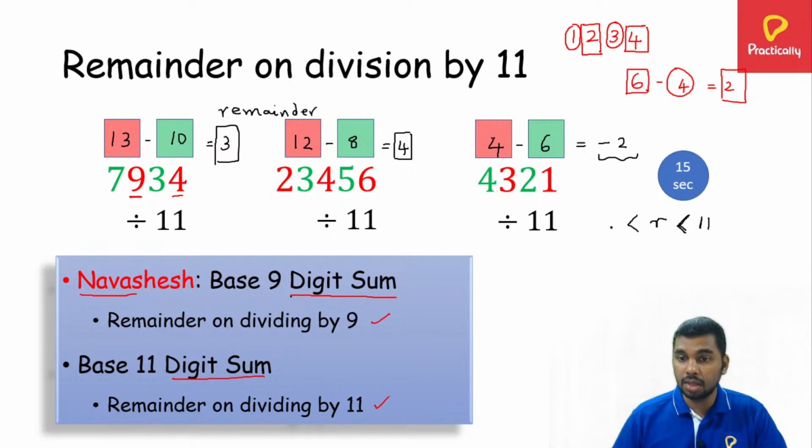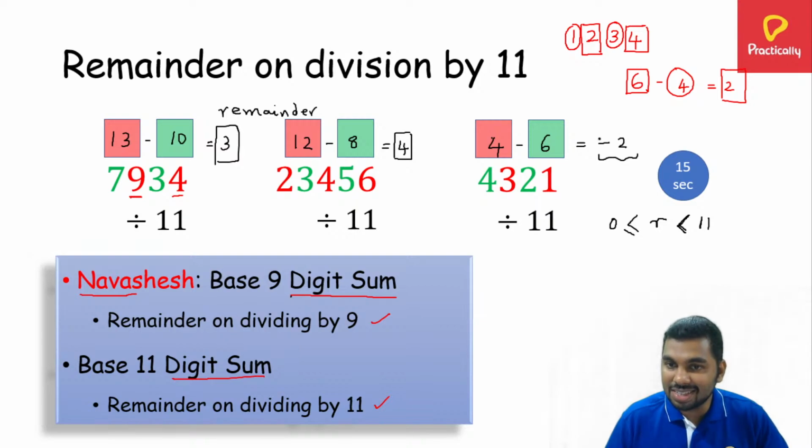And there is another rule that the remainder should be either 0 or greater than 0. So here you have a greater than or equal to sign. The remainder can be 0, 1, 2, 3, etc., up to 10. The maximum remainder on dividing by 11 is going to be 10.